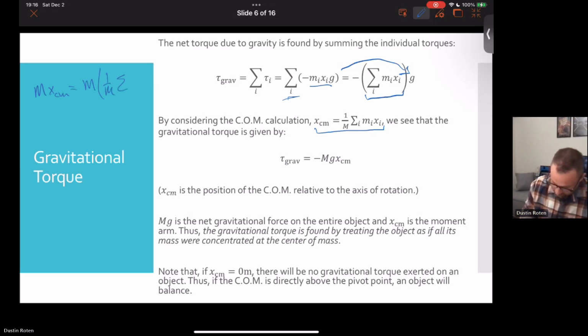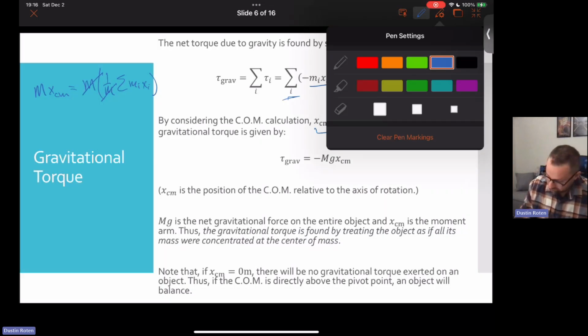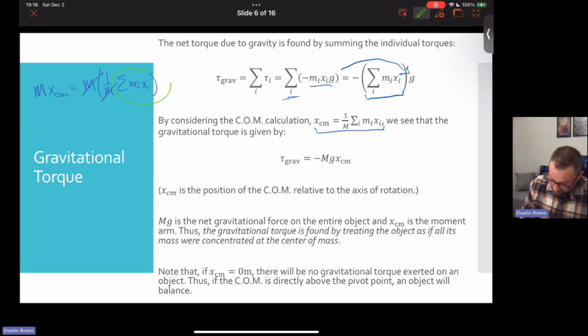This big M and this big M actually cancel out. So look at what I'm left with. I'm left with this term equaling this term. Well, I have that term right here.